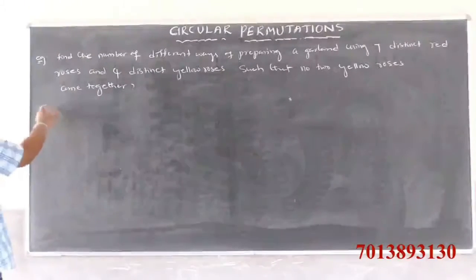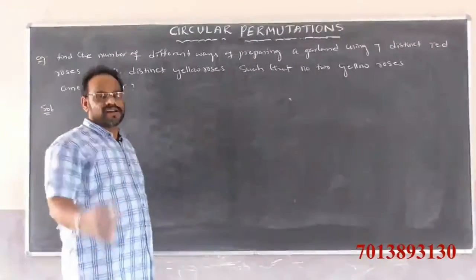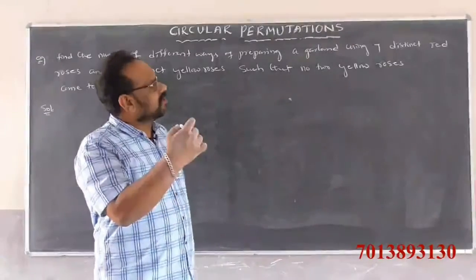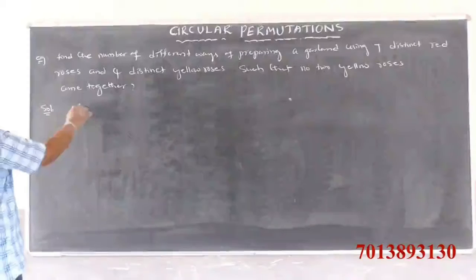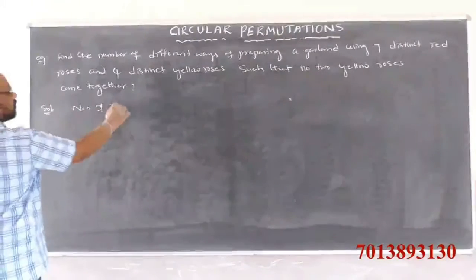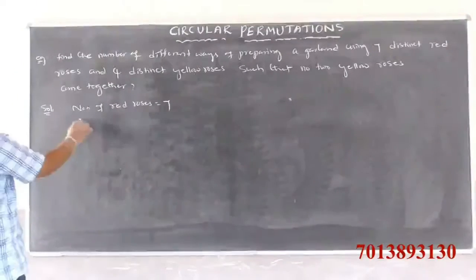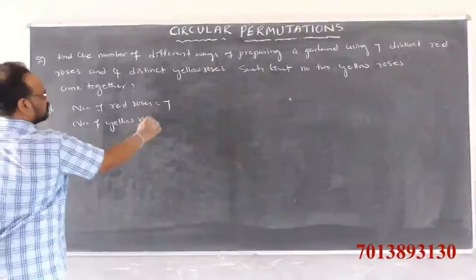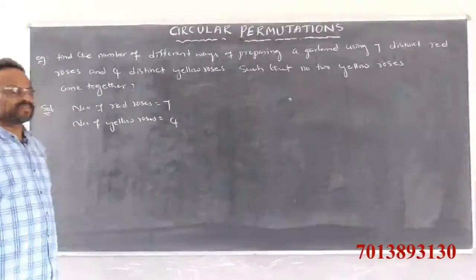Solution. Find the number of different ways of preparing a garland. The number of red roses is equal to 7, and the number of yellow roses is equal to 4.